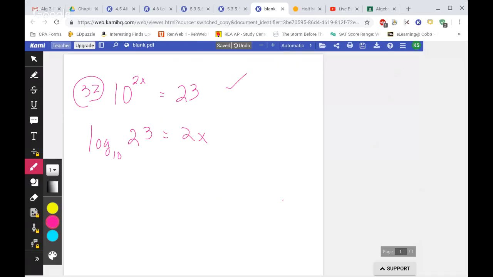It's 1.361. 1.361 equals 2x, right? Mm-hmm. And now you're going to divide both sides by 2. And here's me showing all my steps again. Oh, it's A. There you go. Okay, that makes more sense.